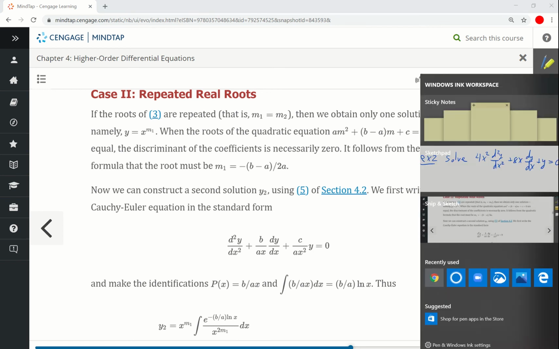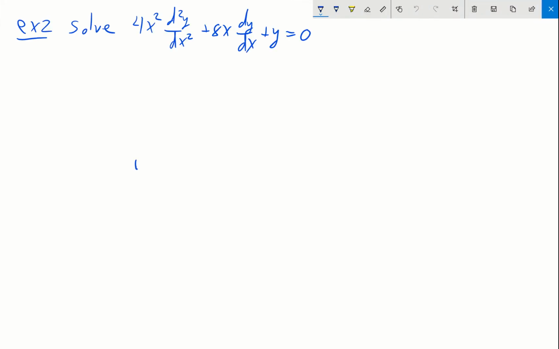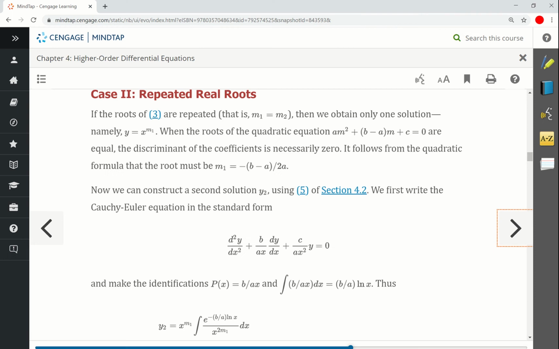If you solve and you get y equals c1 x to the m1, and we try the same trick and multiply it by x, that would produce c2 x to the m plus 1. But m plus 1 was not a solution to that auxiliary equation. Only m was. So that same multiplying by x trick won't work this time.